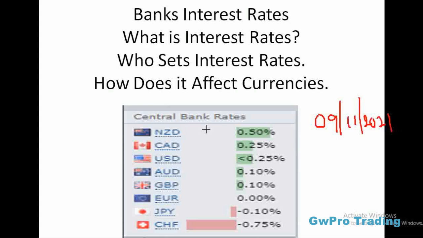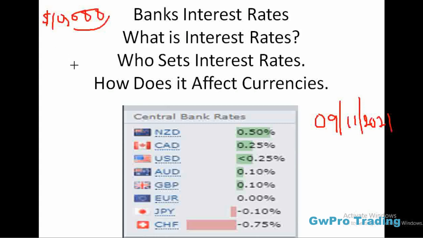So what is interest rate? Interest rate is what you get when you put your money on a deposit. All right, say you have $10,000 and you put it in a bank, in a deposit.